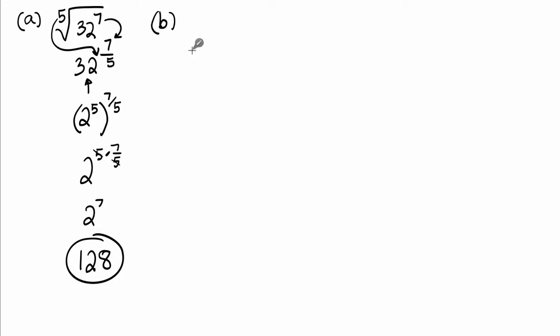Question B looks pretty intimidating. Fourth root of 243 times eighth root of 729. Now, to try to play off the previous example where we had 32 raised to the 7th power, it would be a good idea to look for 243 in the powers table.